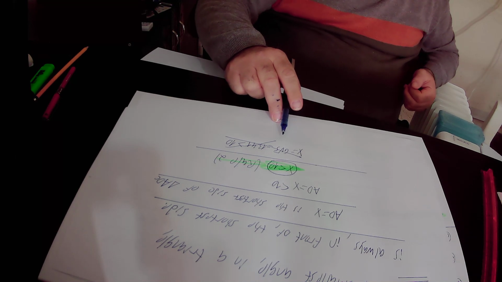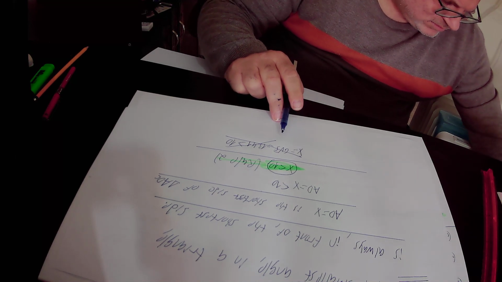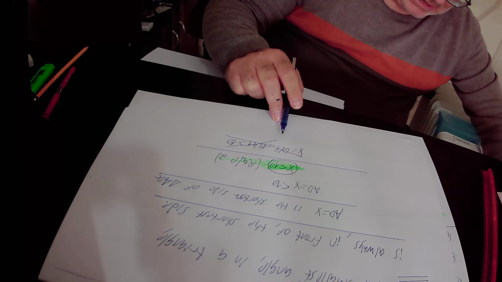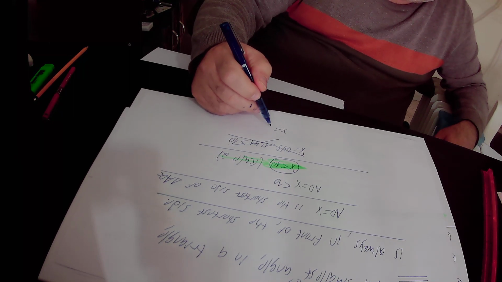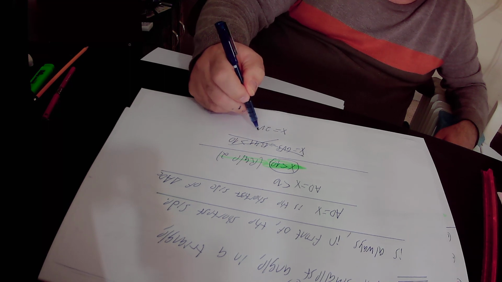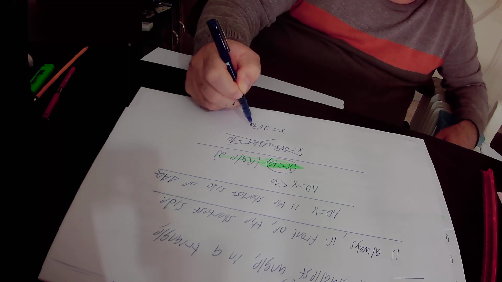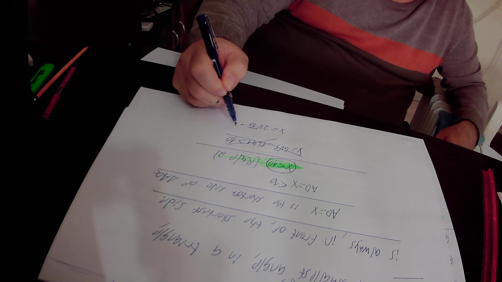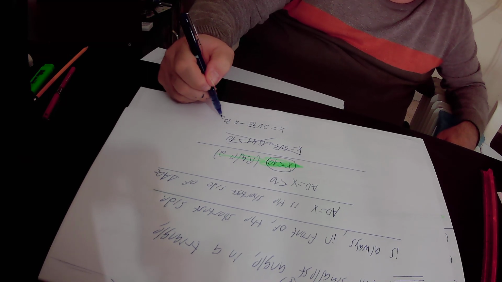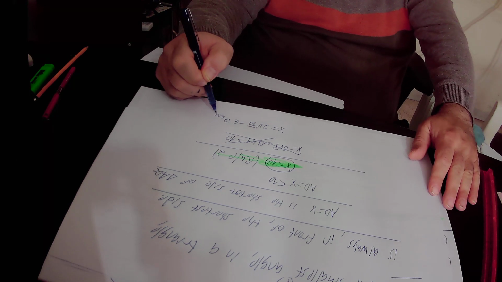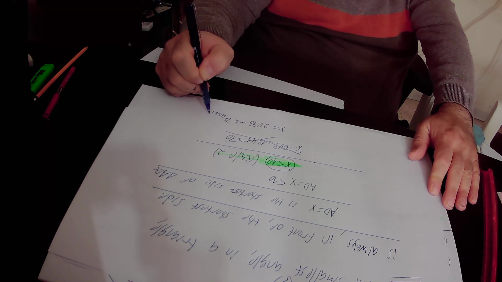And we're left only with the solution that X is equal to 2 times square root of 10. That is actually equal to 6.32 units. That is less than 10 units.